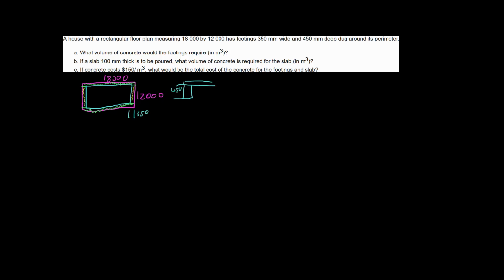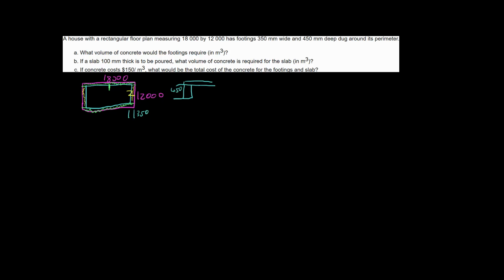So I'm going to find the volume that is represented by the rectangular prism, which is this rectangle going here and then down 450 millimeters deep. And that'll give me the same as this volume here. And then this volume is going to be the same because we have this rectangular prism if we take into account the depth. So I'm going to call this volume 1, and I'm going to call this volume 2.